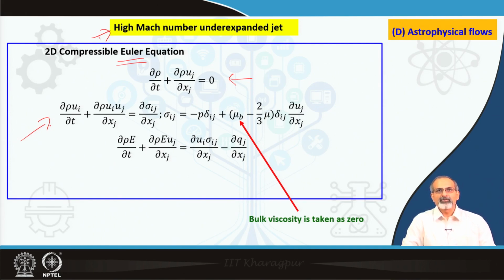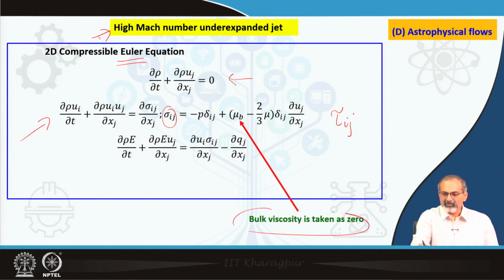And as you can see, the sigma ij term does not account for the viscous terms. As far as mu b is concerned, it is the bulk viscosity. For this class of simulations we have taken it to be 0, and the other term of course is the pressure gradient term with the Kronecker delta associated in both the expressions.